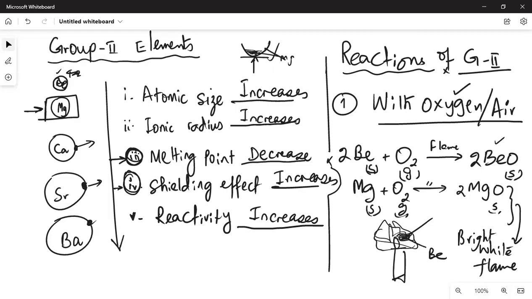When it produces heat, it melts the iron, and that is used to patch up the broken place. So the magnesium flame is white or dazzling white. You have to remember this.